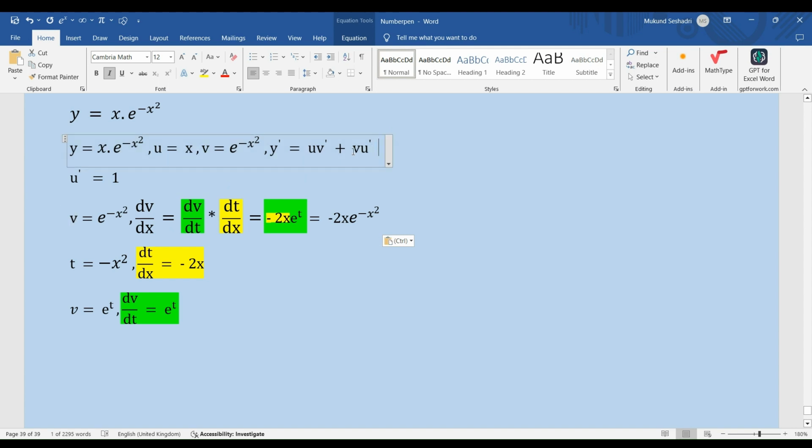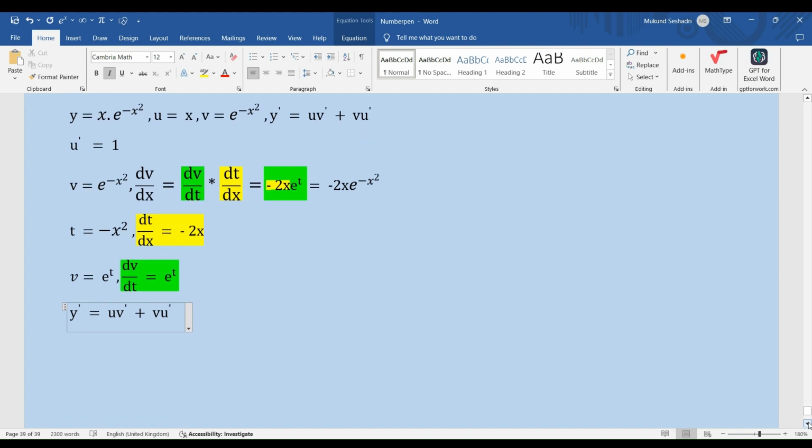So all that I will need to do is figure out my y dash by putting all of them into the product rule of differentiation. So what is my product rule of differentiation? I've copy pasted this for you. y dashed equals uv dashed plus vu dashed, right? So I go down, I know my u is x, and my v dashed is minus 2x times e to the power minus x square.